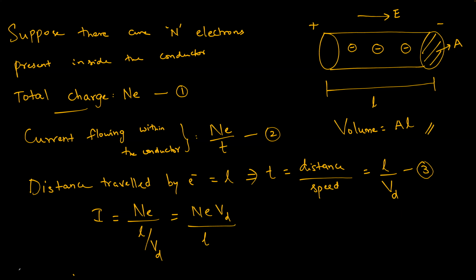Now what I'm going to do is, since area of cross section is getting related to a parameter of volume, observe. If I multiply area of cross section with length, I get a parameter, volume. And a conductor is basically cylindrical in shape. When it is cylindrical, it's a three-dimensional shape.